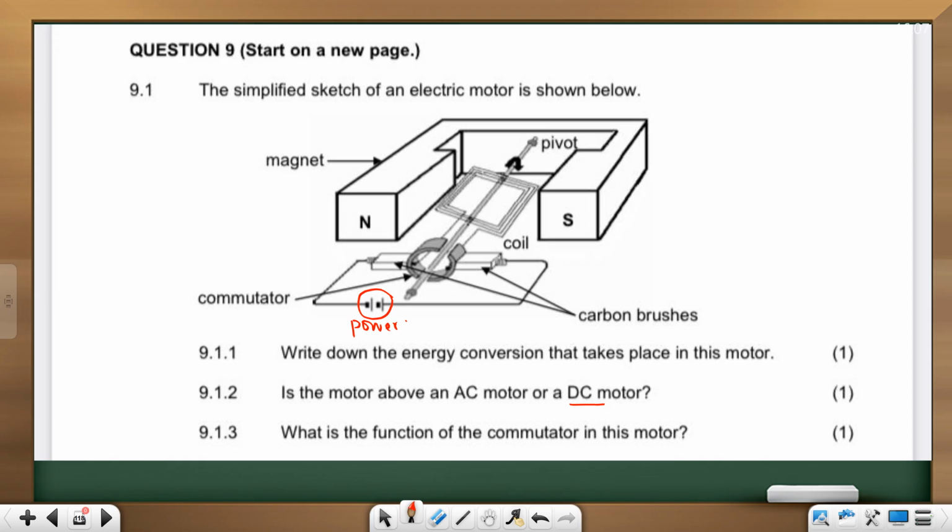What is the function of commutator in this? I think I already answered. Allows current to flow in what? One what? Direction in every half cycle. Like I said, the note will answer all of the questions. So already I'm done with my 3 marks. You just read from the notes there. Copy and paste. Okay, let's look at the next one.